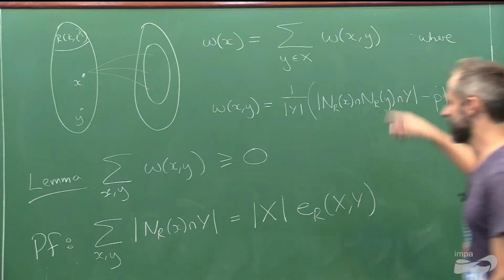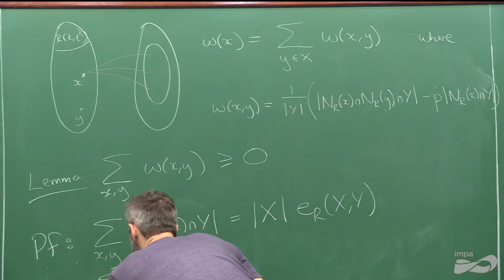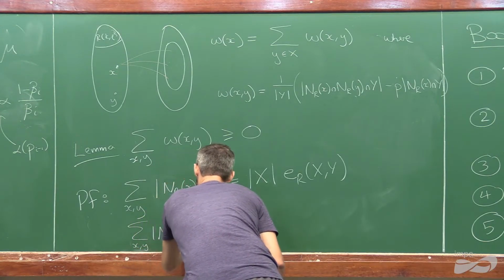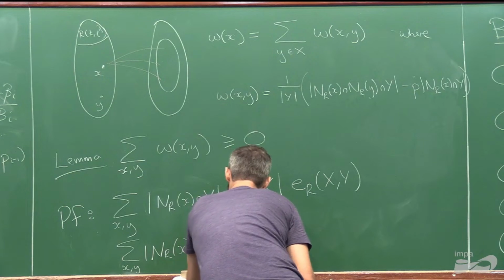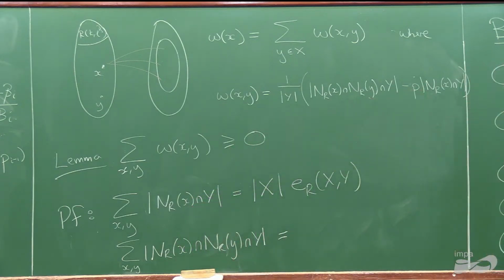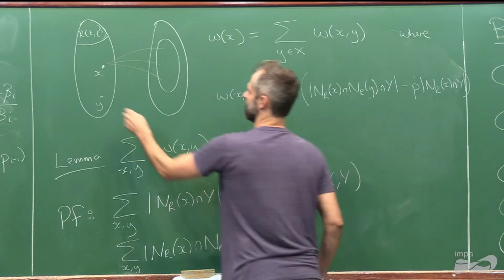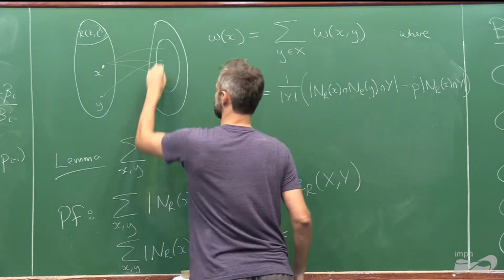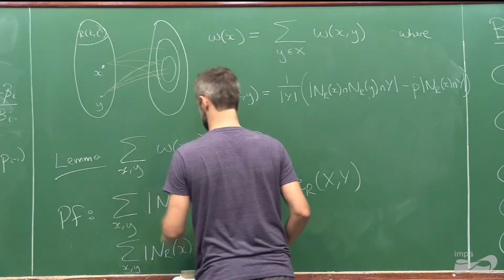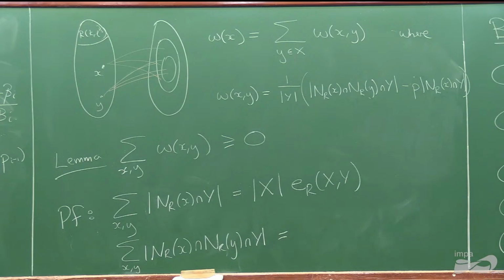Okay, so what about the other guy? The sum over x and y of the red neighborhood of x intersect the red neighborhood of y intersect Y. Yeah, what you're doing with your hand, exactly.